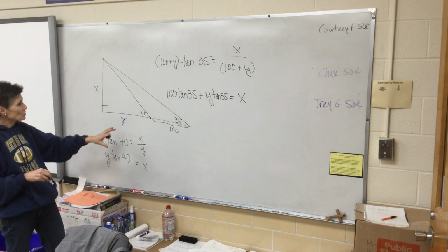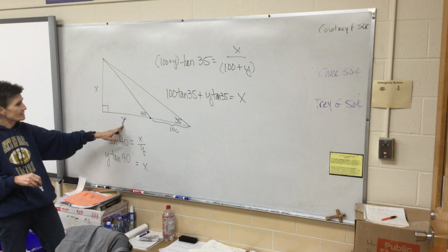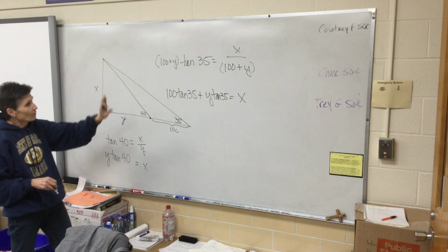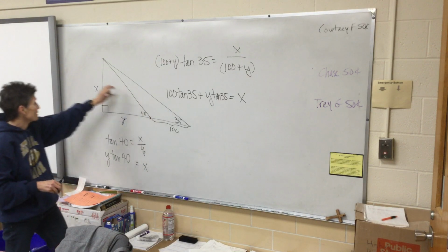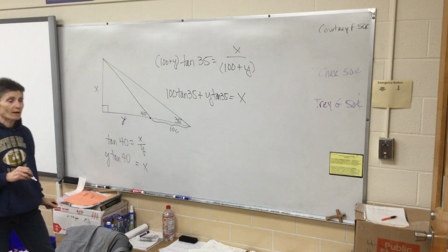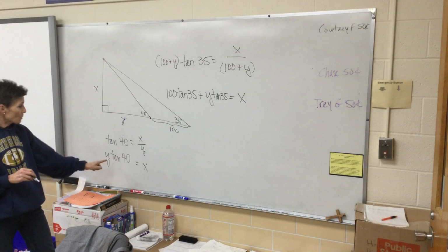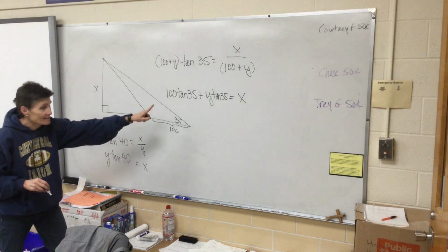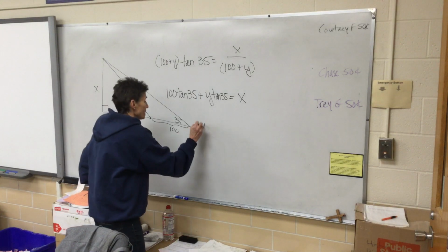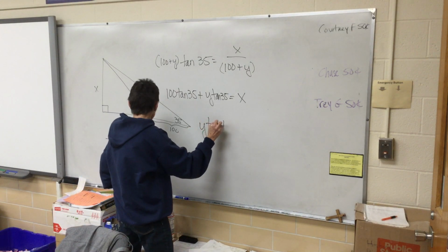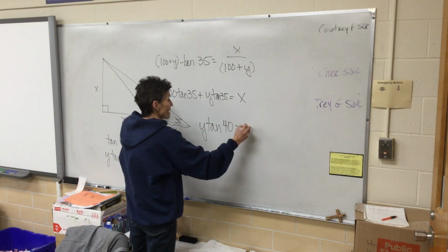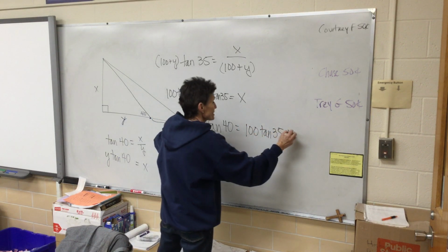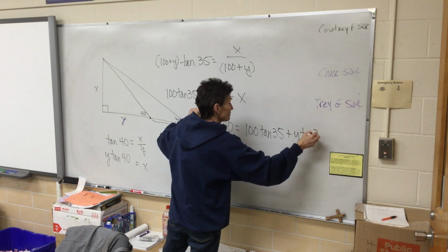So I wrote a tangent equation, opposite over adjacent, for my 40-degree right triangle, and then I wrote the same equation for my 35-degree right triangle. Now notice, this is x and that's x. So I'm going to set them equal: y tan 40 equals 100 tan 35 plus y tan 35.